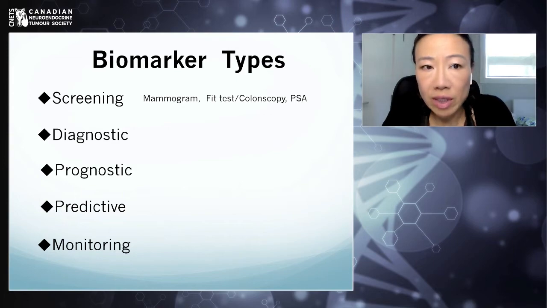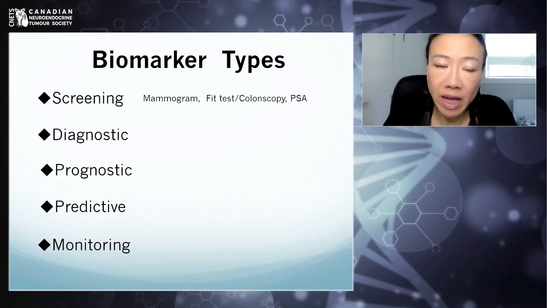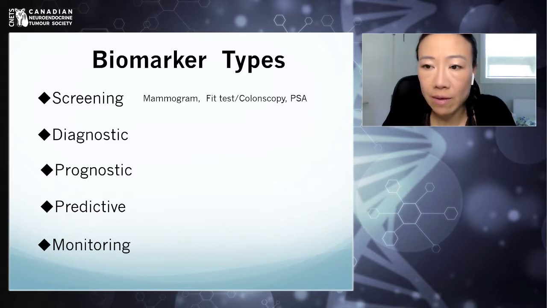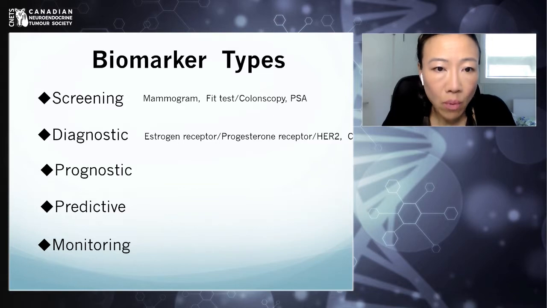A diagnostic biomarker is used to make a diagnosis of a particular type of cancer or particular subtype of cancer. In breast cancer, we have estrogen receptor, progesterone receptor, and HER2. By these 3 diagnostic biomarkers, we can make specific subtypes of breast cancer.